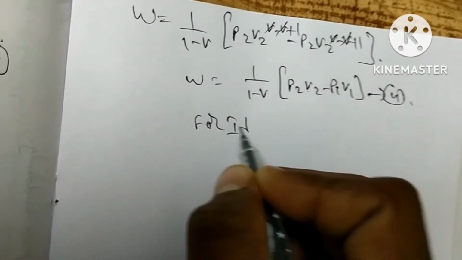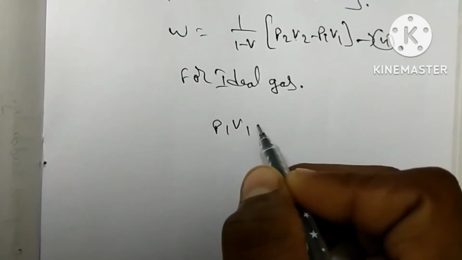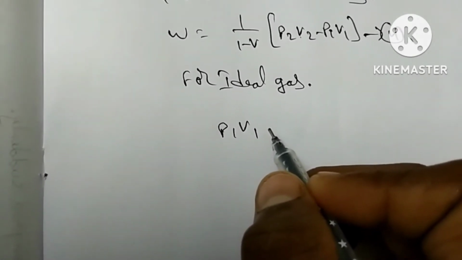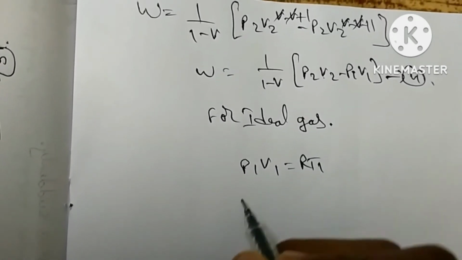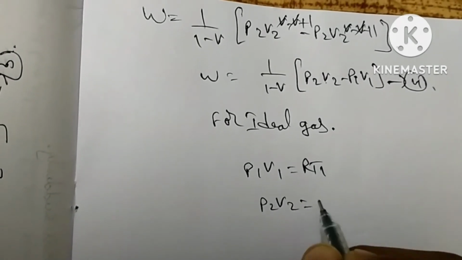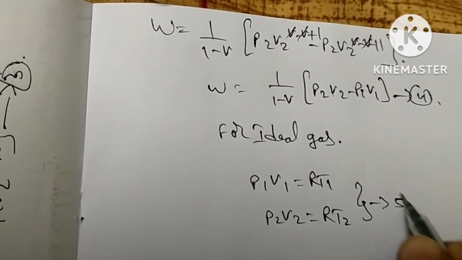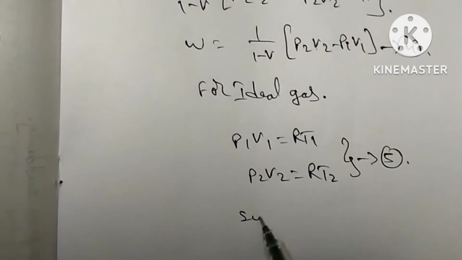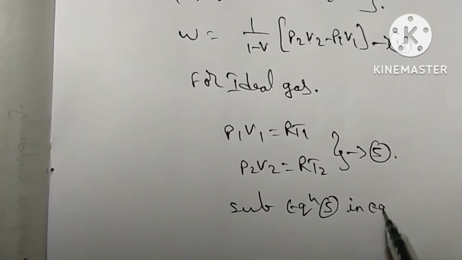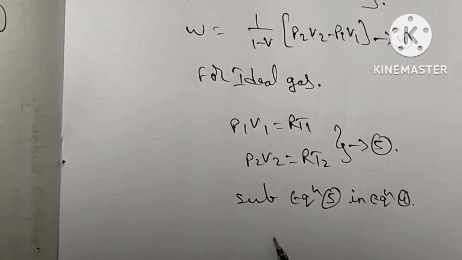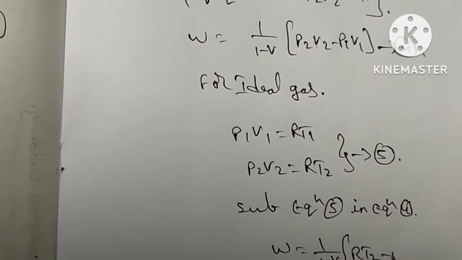For ideal gas, P1 V1 equals RT1, P2 V2 equals RT2. These two are equation 5. Substituting equation 5 in equation 4, W equals 1 by 1 minus γ into RT2 minus RT1.